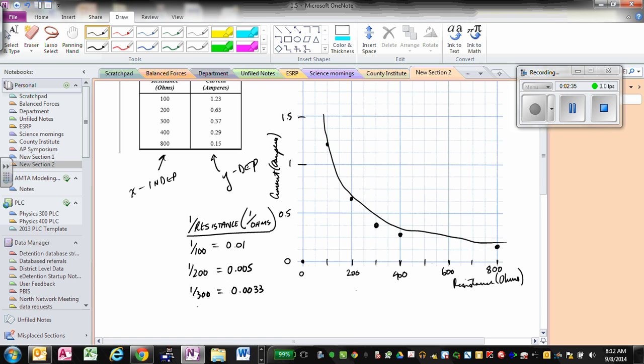1 over 300, 0.0033. 1 over 400, 0.0025, and 1 over 800, that's equal to 0.00125. All those are in inverse ohms.